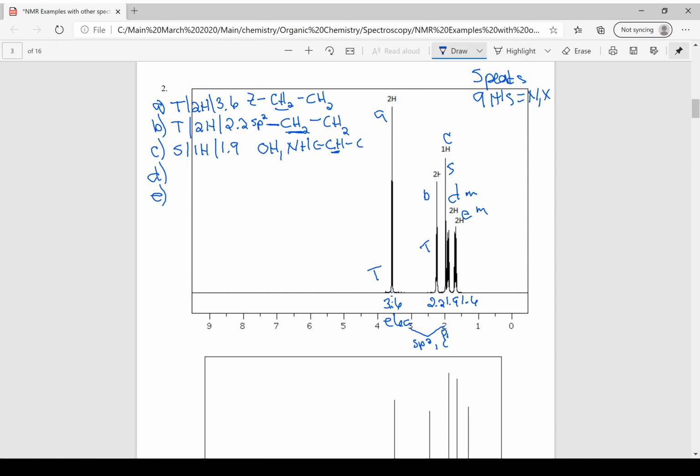Probably not likely, though. So it's probably an OH or an NH, and they pretty much show up wherever they want. And then the 2 multiplets aren't helping me much. A multiplet for 2 hydrogens at, we'll just say 1.8 so that it doesn't interfere with the one above. And then I have another multiplet for 2 hydrogens, and that is around 1.6.